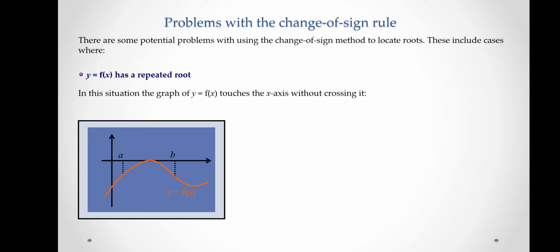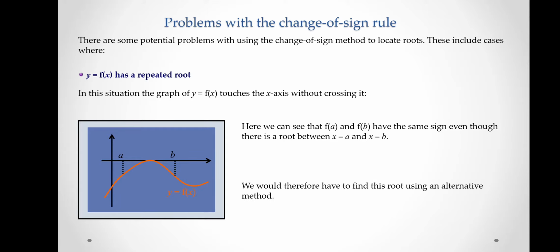Here we have a root, that means a turning point is there, but we don't have a sign change because that is a repeated root. The graph does not cross the x-axis, so therefore the sign is not changing.